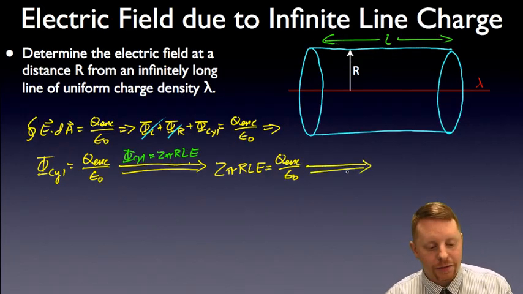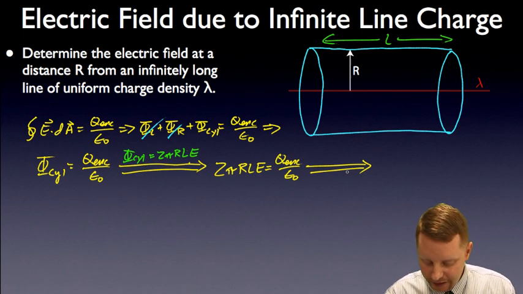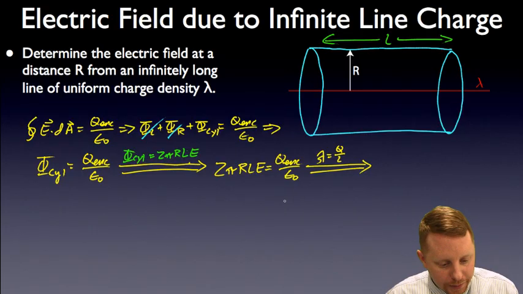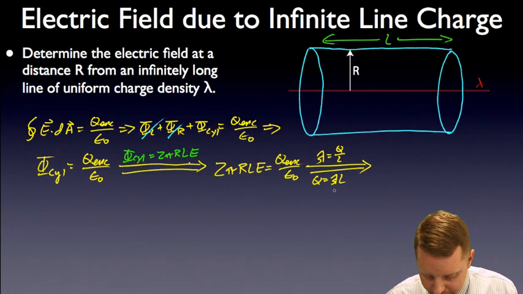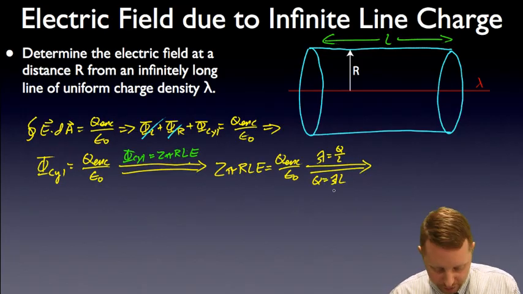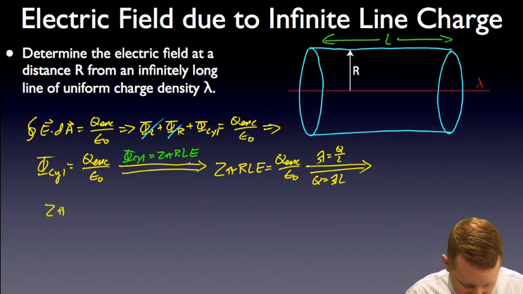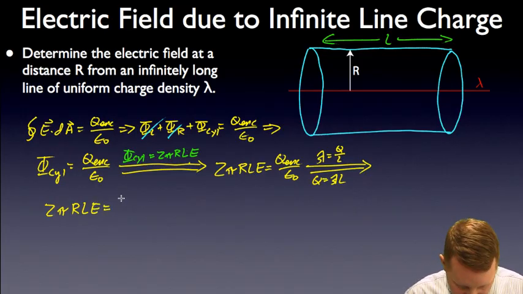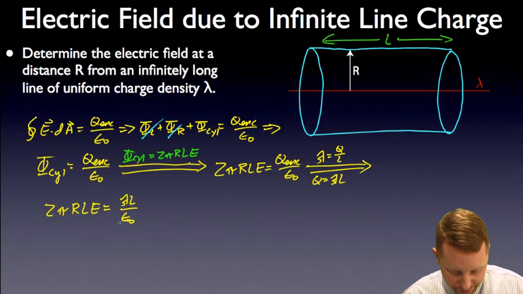Now we come to this surface charge density again. Or pardon me, this linear charge density. Lambda is our total charge divided by L, so that the charge enclosed must be lambda L. So 2 pi capital R capital L times the electric field must equal lambda L over epsilon naught.